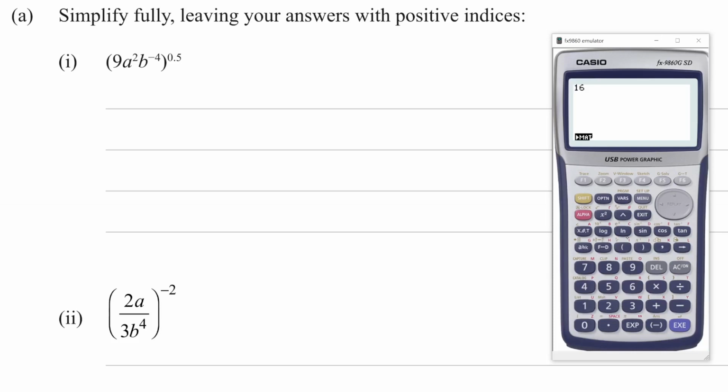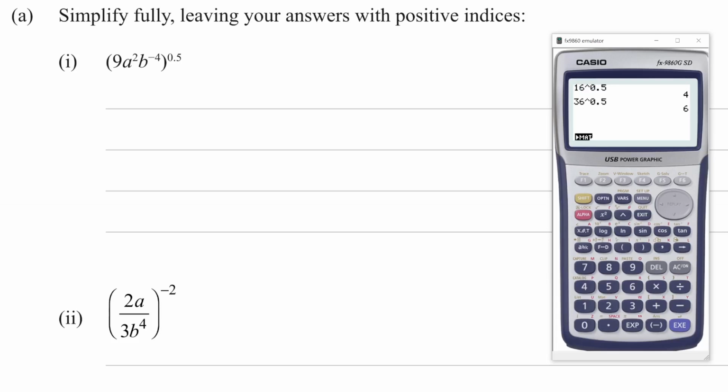Let's do 16 to the power of 0.5. We get 4. What about 36 to the power of 0.5? We get 6. So 0.5 is actually the same as to the power of a half, right?